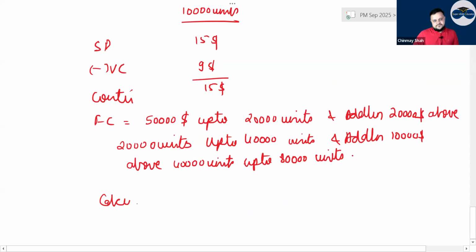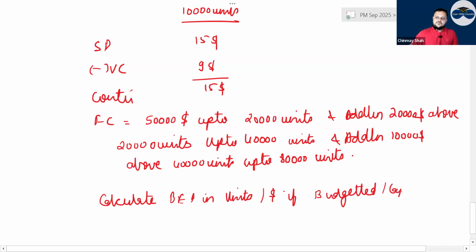Calculate BEP in units and dollars if budgeted capacity of sales, whatever you want to read, is 15,000 units, 25,000 units, 50,000 units.